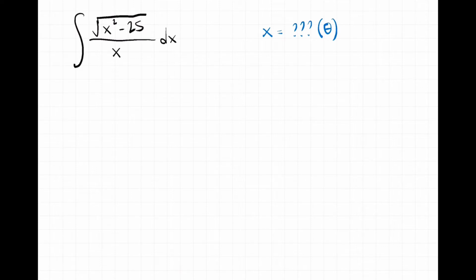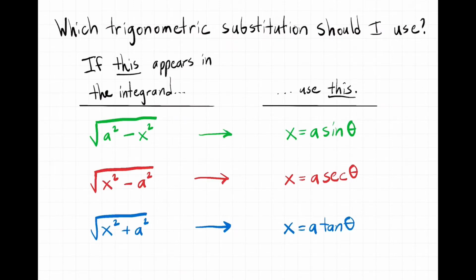Here's the rule of thumb. In general, if you're doing a trigonometric substitution problem, you're doing it because you see a root showing up in your integrand. Sometimes you won't always have a root showing up, but this is the general situation. If the root is of the form a number squared minus x squared, you'll want to use the substitution x equals a sine theta, where a is the square root of the first number that's appearing.